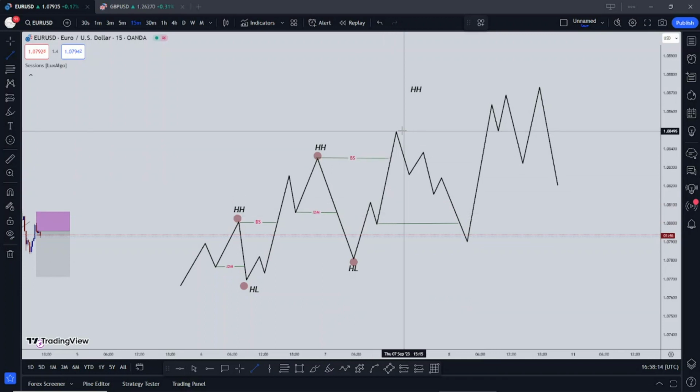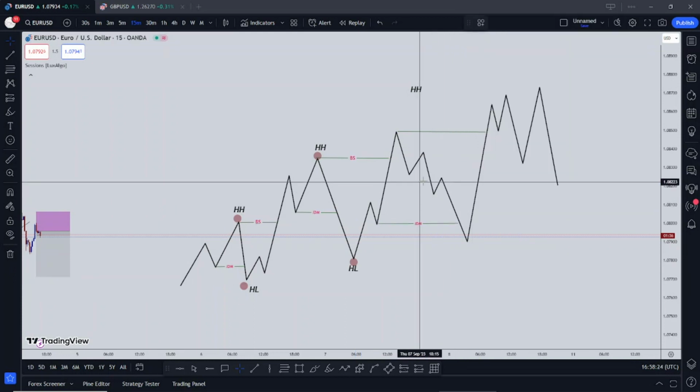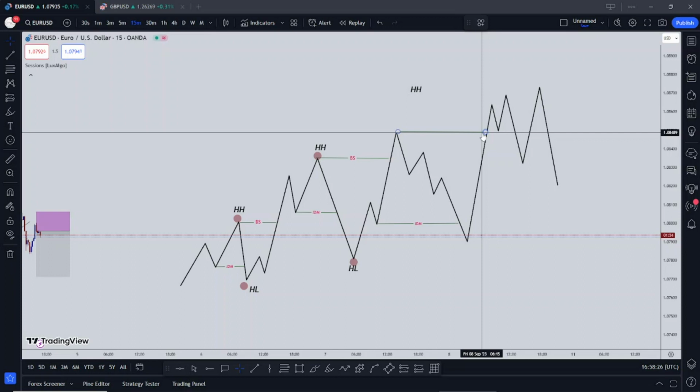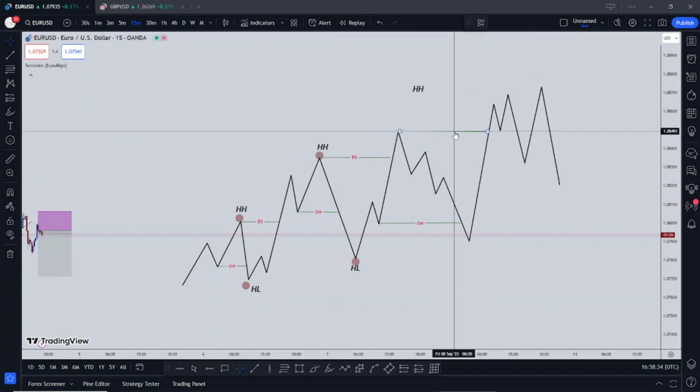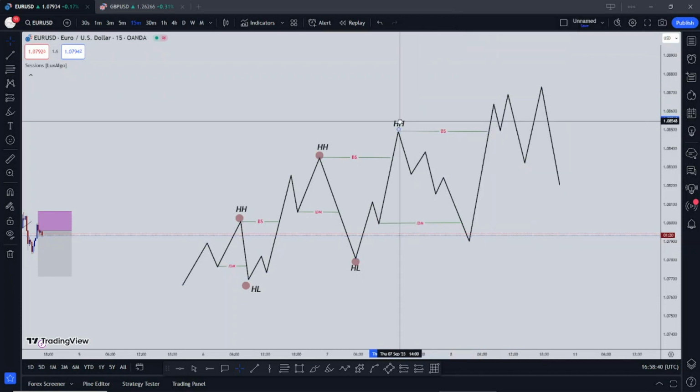After the market has taken the inducement, the internal low here, it then moves up. It moves up to this point and clears the higher high here. As we can see, it cleared the higher high here, which is our break of structure. For the uptrend to continue, we have to break a higher high. I hope it is clear that way.